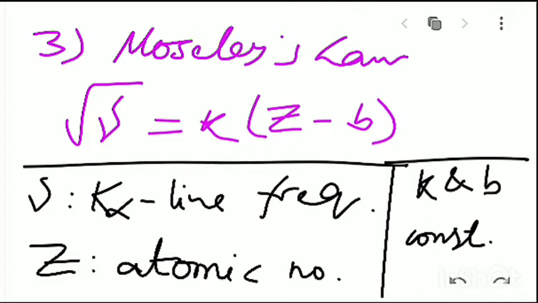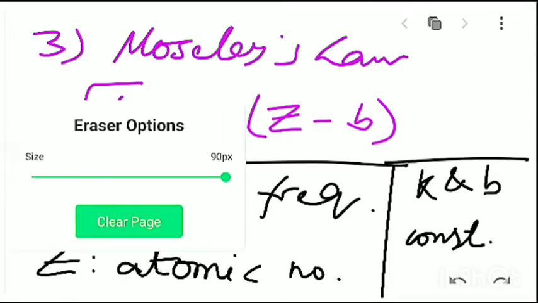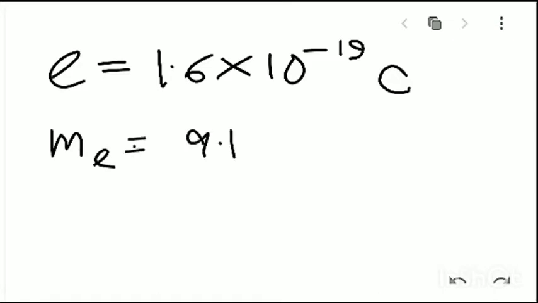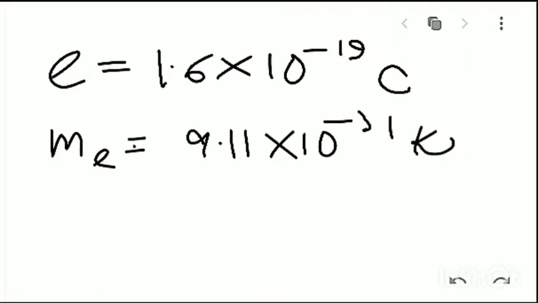Clear? And if sometimes you forget some values while calculating the kinetic energy of the electrons or such kinds of scenarios, you have to remember some values. I'm writing all of it for you. e, the charge of an electron, is 1.6 into 10 to the power minus 19 coulomb. The mass of an electron is 9.11 into 10 to the power minus 31 kg.